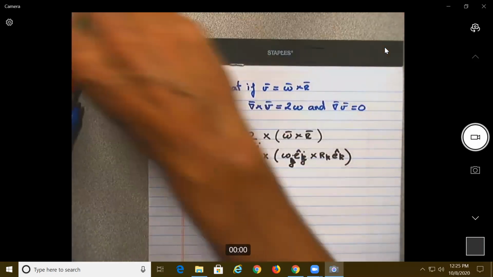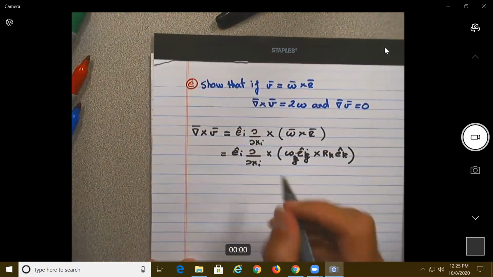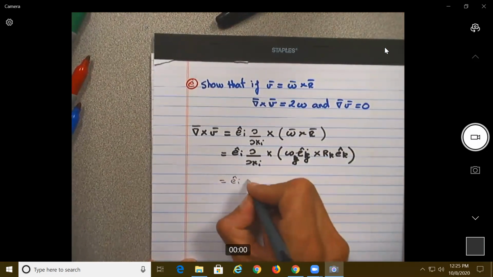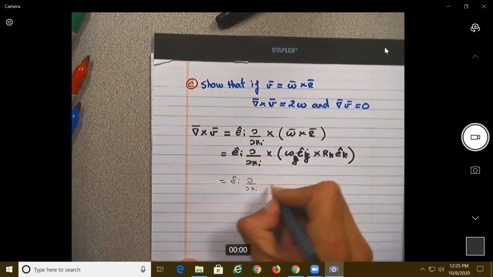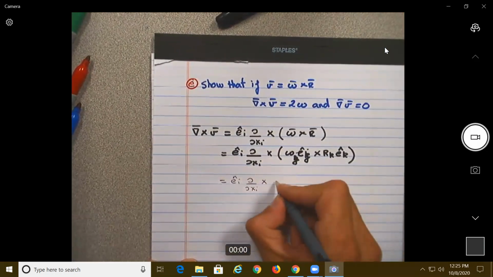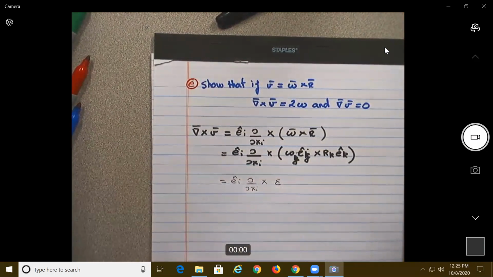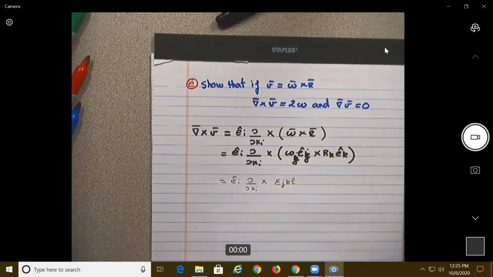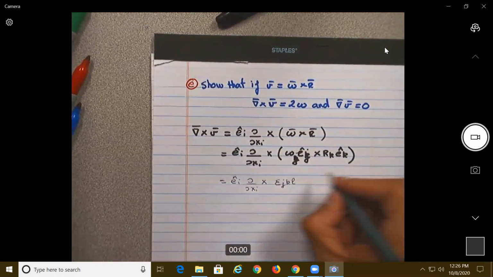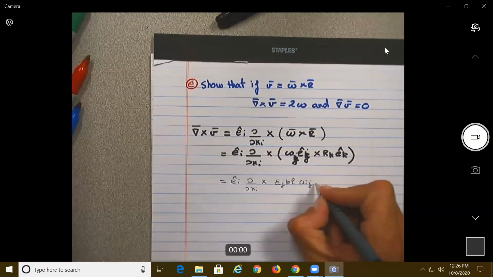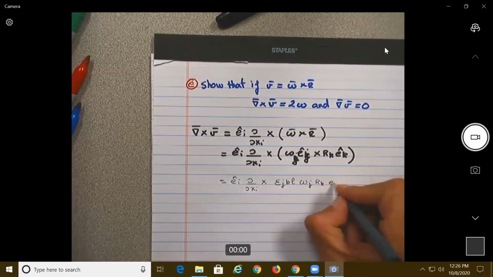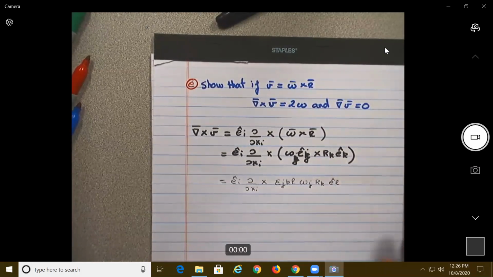I'm gonna switch to the pencil. So this will give you e_i partial x_i cross epsilon_JKL of omega_J R_K e_L.